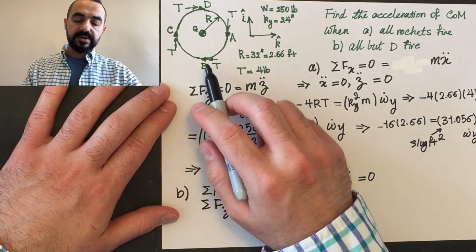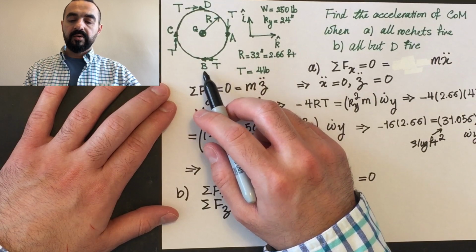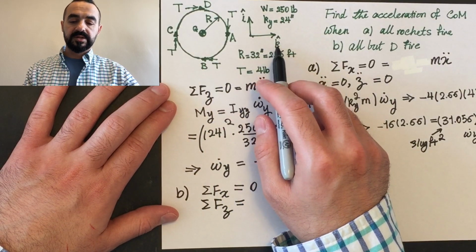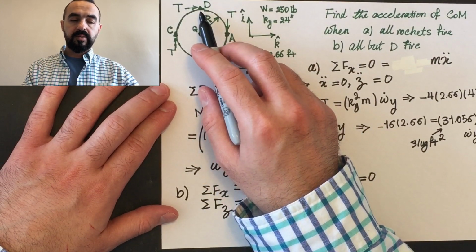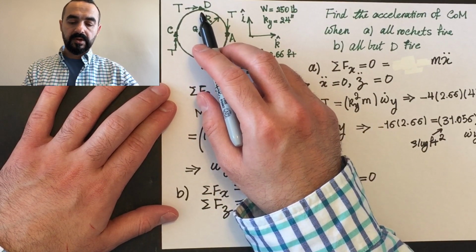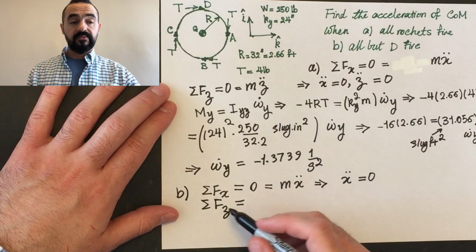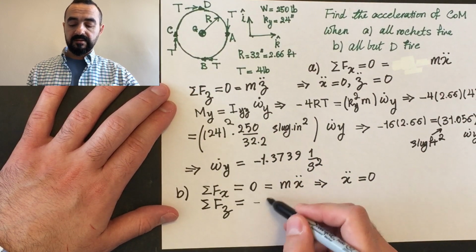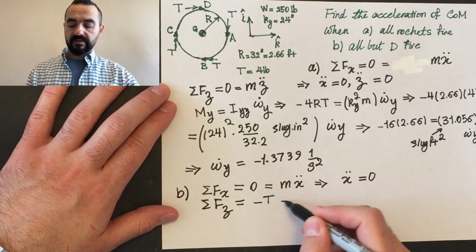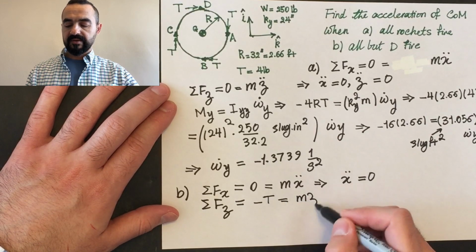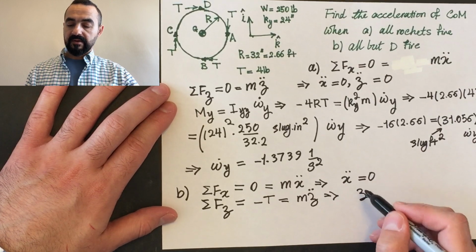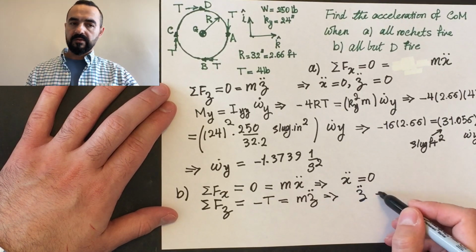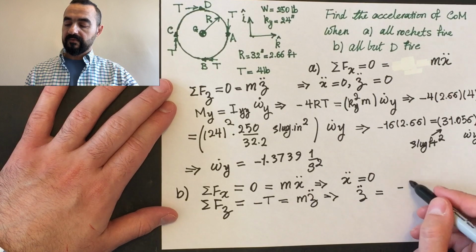We have this force at B pointing in the negative z direction, and at D we are no longer applying any force. Therefore, the sum of forces is going to be negative 4, and this is going to be equal to m z double dot. So from this, z double dot is equal to minus 4 over mass.